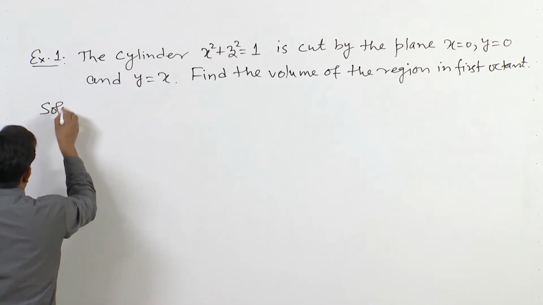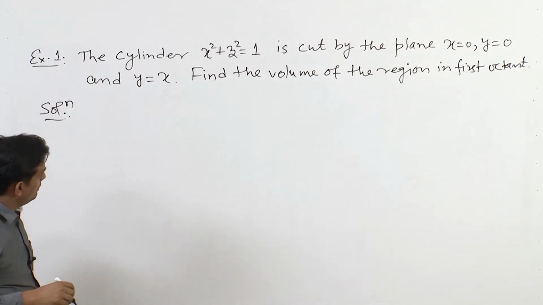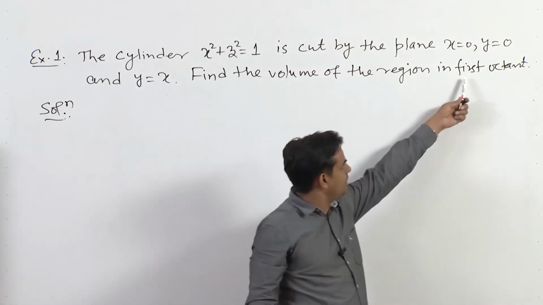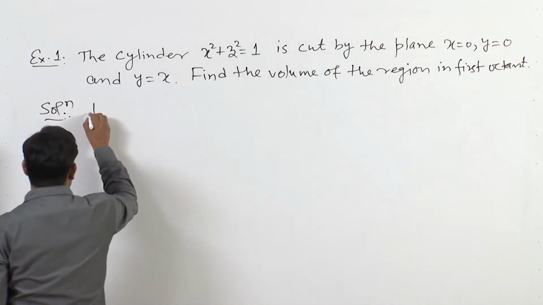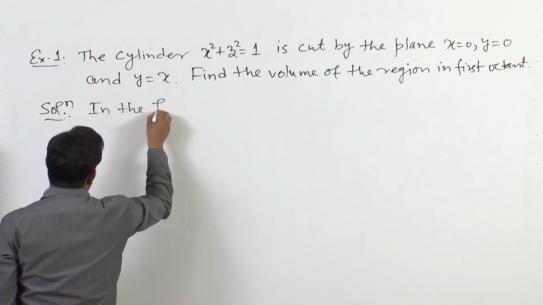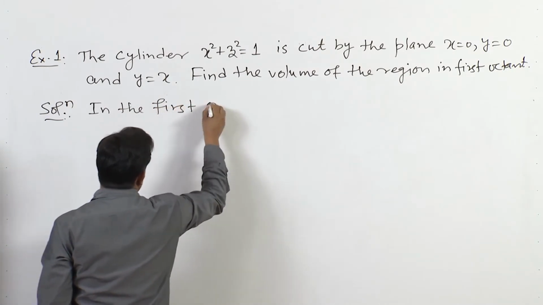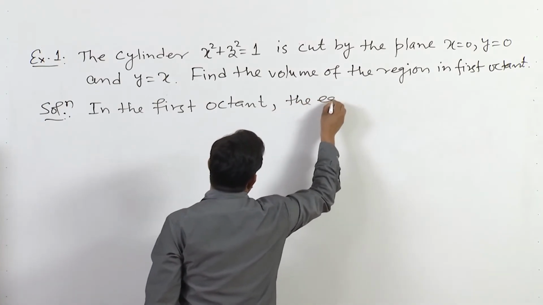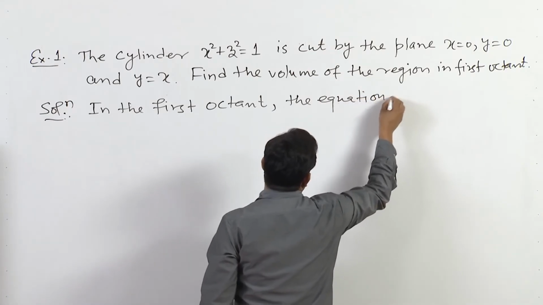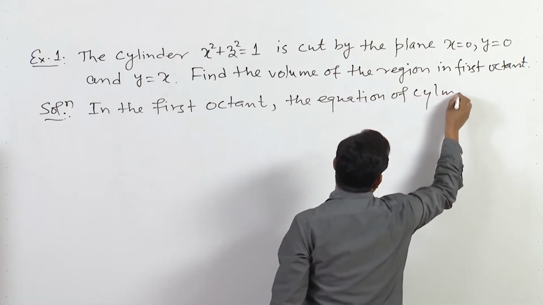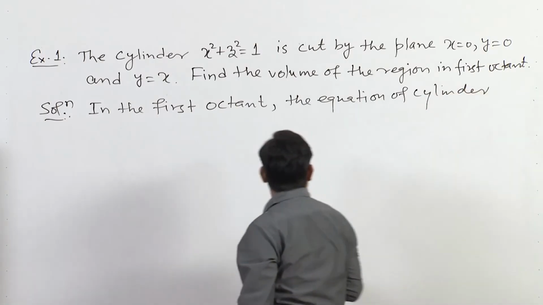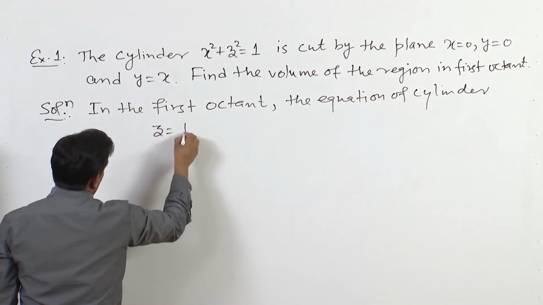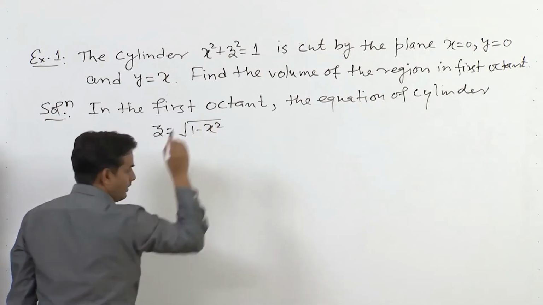So let us find the answer of this question. We have to find the volume of the region only in the first octant. In the first octant the equation of the cylinder can be written as z equals square root of 1 minus x square.